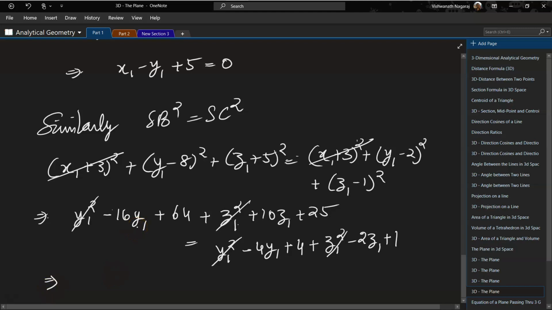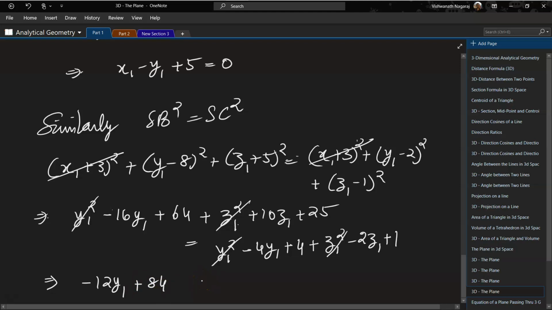Minus 16y1 minus 4y1, so that means it comes here, becomes plus, so minus 12y1, 64, and here I have 5. So when it becomes to this side, it becomes minus 5, 25 minus 5 is 20. So 64 plus 20 is plus 84.